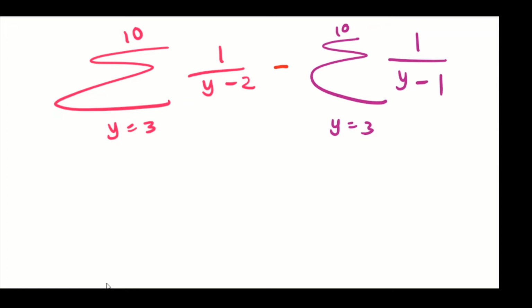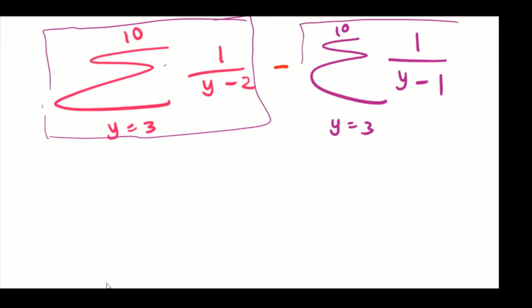To solve this, we can identify the entire number of terms for this portion, because we are starting at y equals 3 and ending at 10. It's not really a lot of terms, so we can just write down all of them.